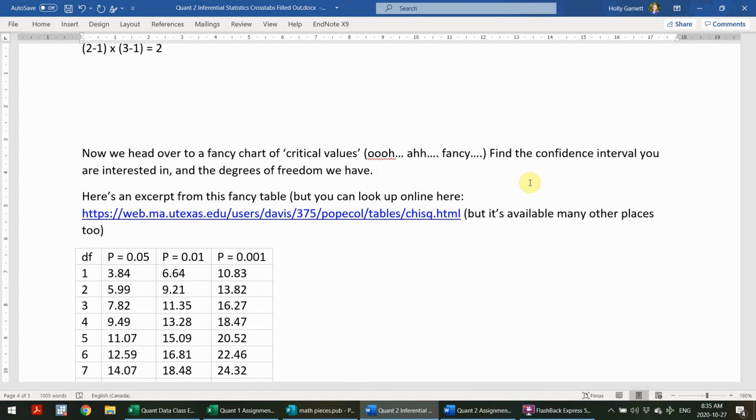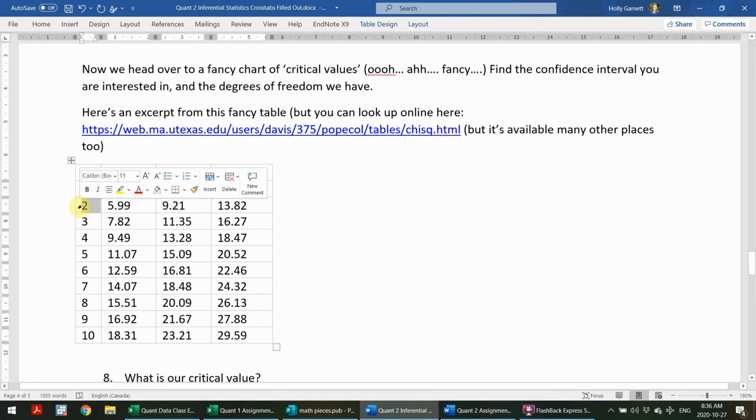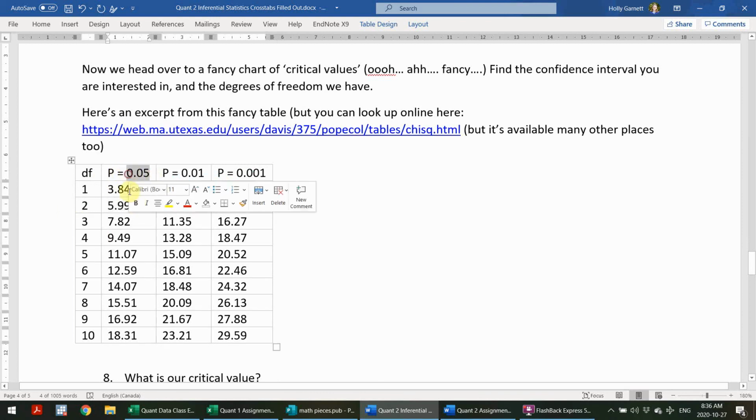We want to be 95% confident, or P is less than 0.05. We have our degrees of freedom, which is 2. We have our chi-squared, which is 6.5-ish. Okay, so degrees of freedom, we have 2. And our p-value we wanted was 0.05, or we wanted to be at least 95% confident. All right.